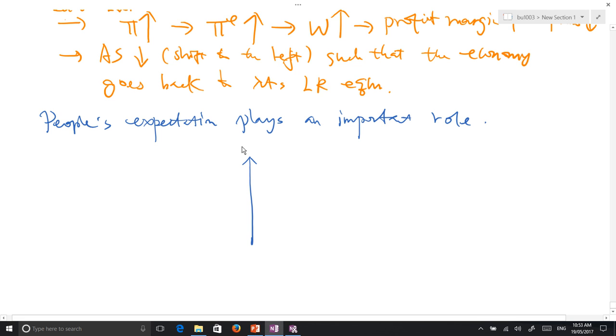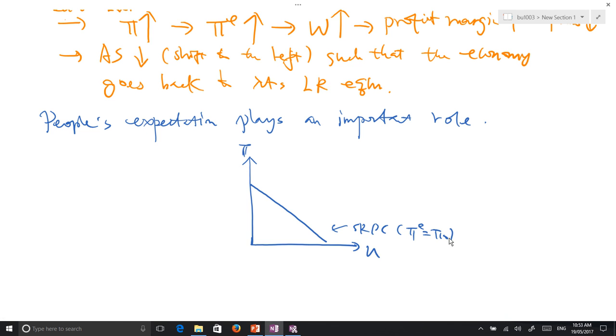So let's look at the Phillips curve, inflation and unemployment rate. Let's say the short run Phillips curve corresponds to the initial level of expected inflation, as in our previous diagram. Let's see what happens if people increase their expectation. What is going to happen to the short run Phillips curve?